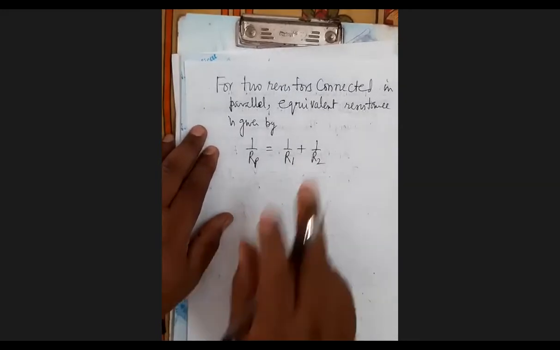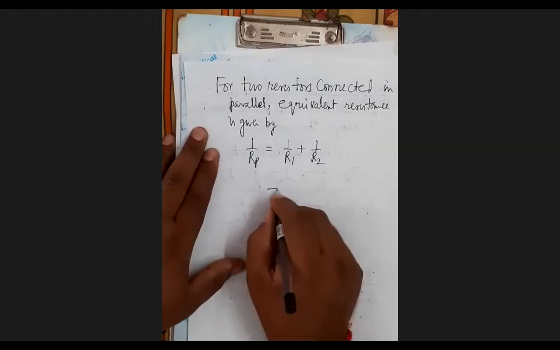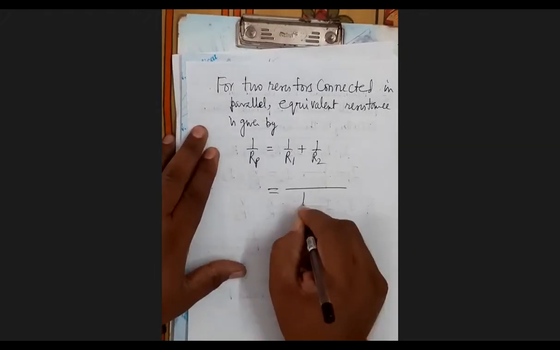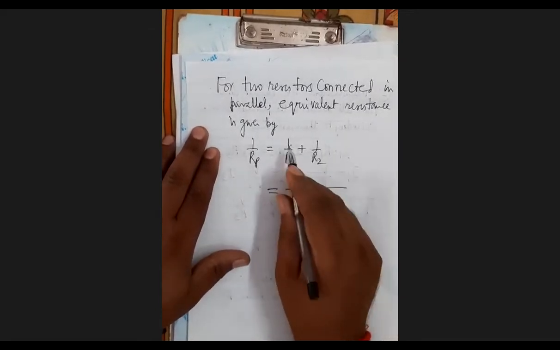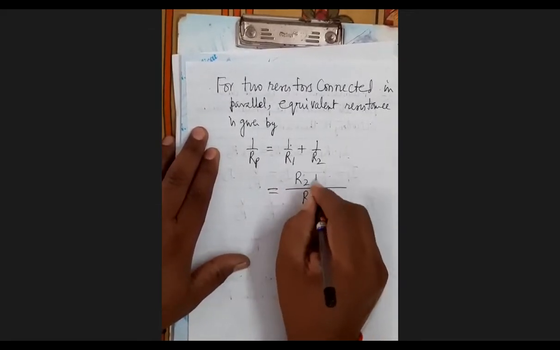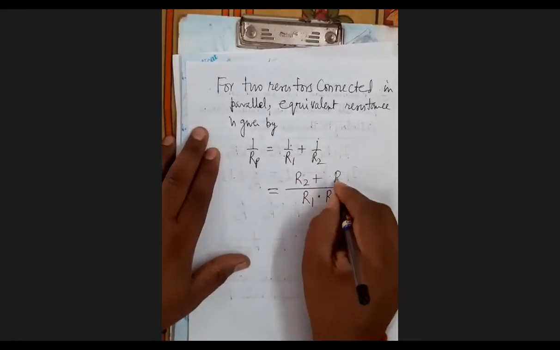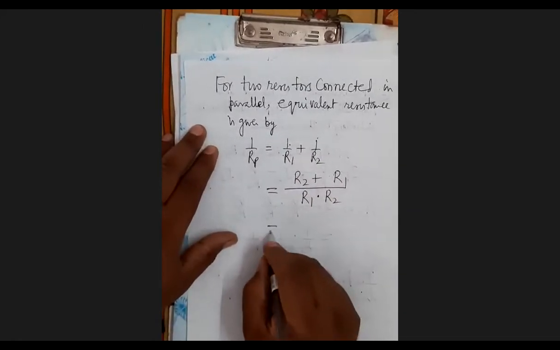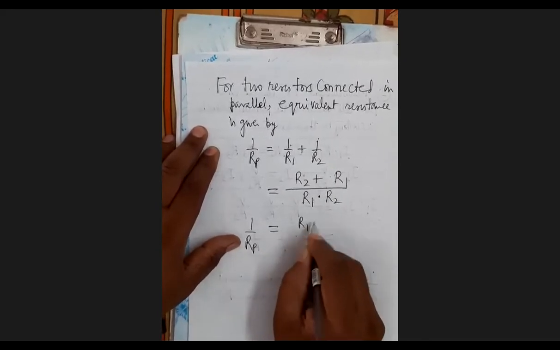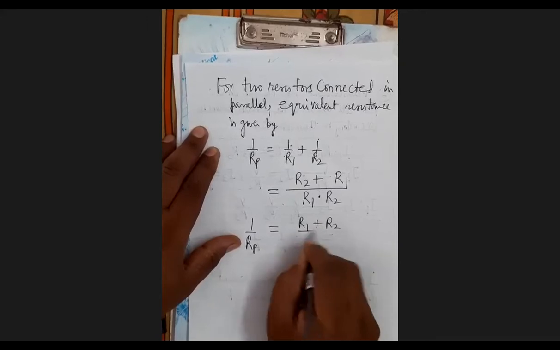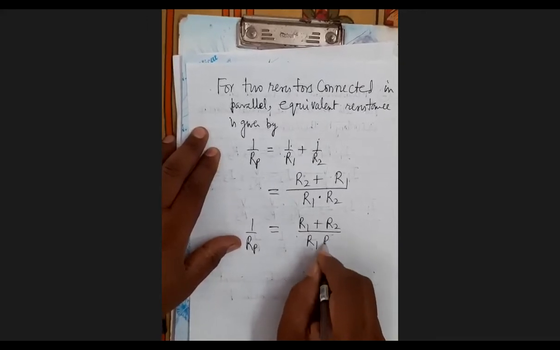Now we can simplify this. How will you simplify? Take the LCM. LCM will be R1 into R2. R2 will multiply with this, so it will be R2 plus R1 will multiply this. Is it clear? So it will be equal to R1 plus R2 upon R1 R2.